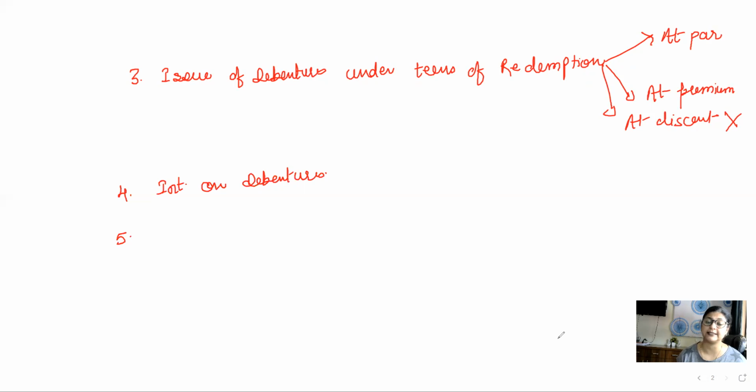So this prefix is actually the rate of interest by which the company pays interest to the debenture holder, and this interest is a charge against profit. This interest can be paid yearly, or it can be paid in 2 installments as well, that can be 6 monthly. So we'll be learning under this topic how the interest entries are passed.